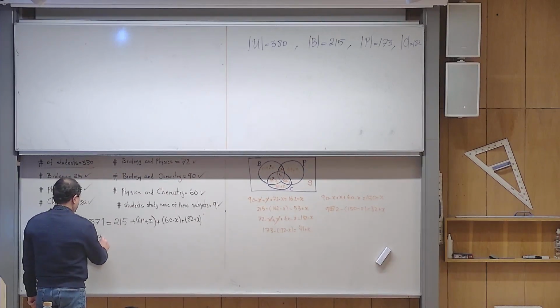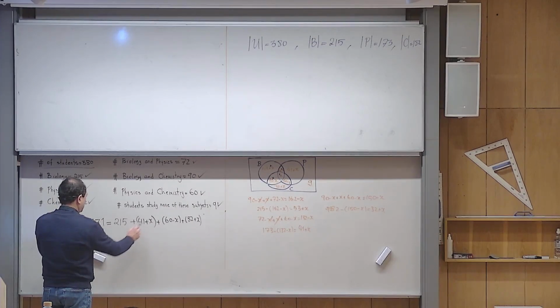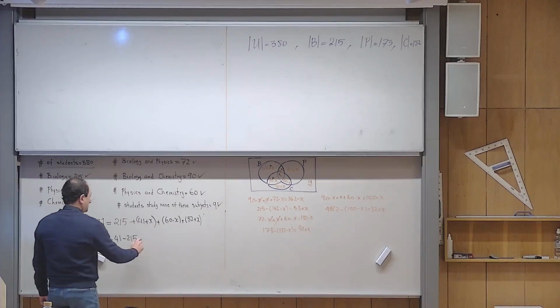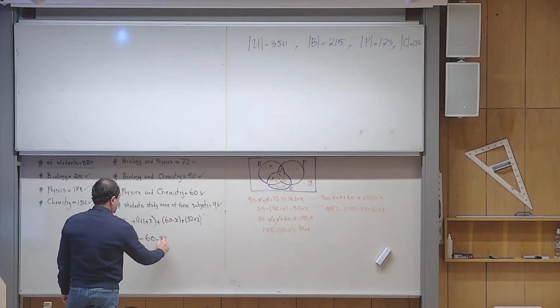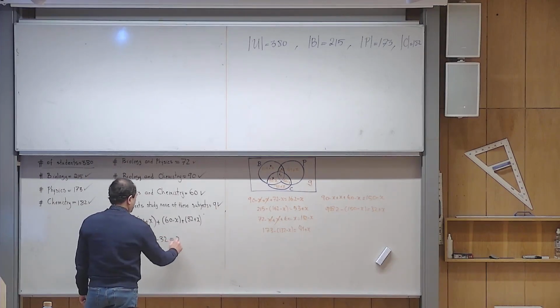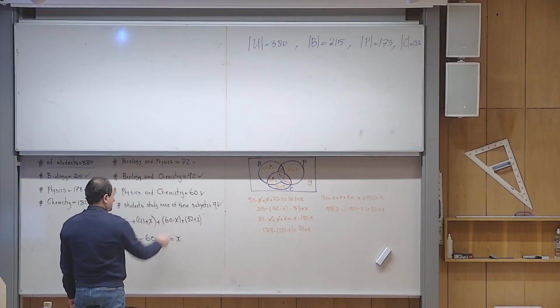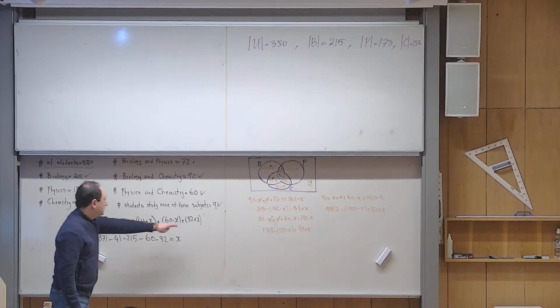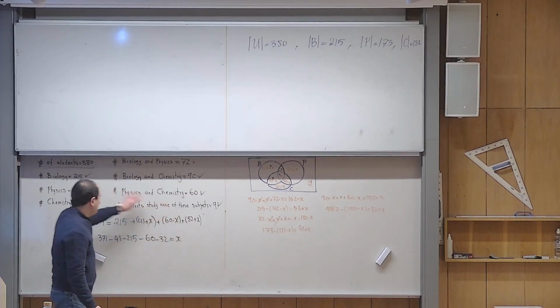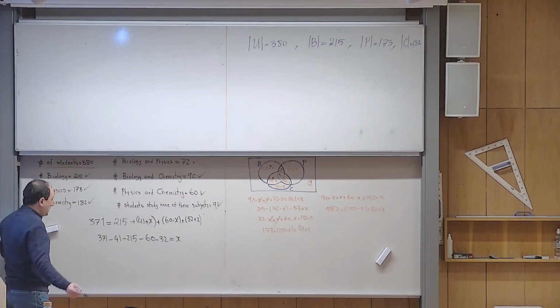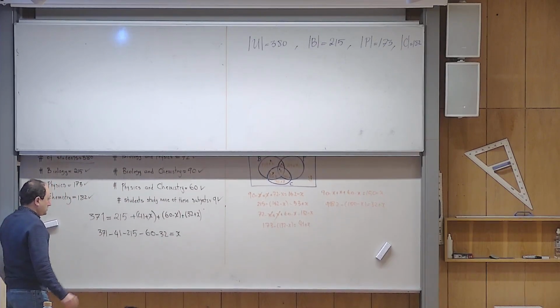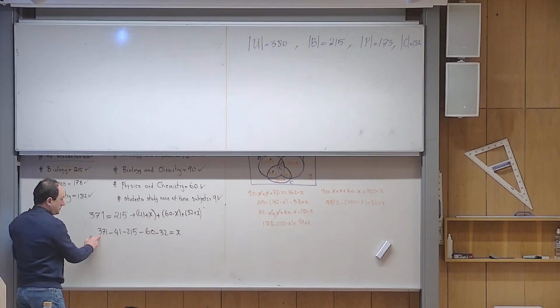So 371 minus 41 minus 215 minus 60 minus 32 is x. Yes, because this minus x and x are cancelled. And one x is left, and I moved all the numbers to the other side. And then hopefully, if I haven't made any mistakes, we calculate this. So what is the answer here?